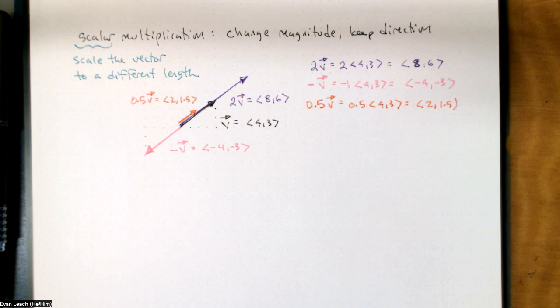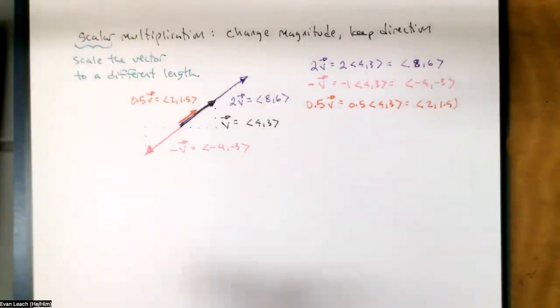The second operation that we want to know about with vectors is vector addition. This is where we are combining the directions.